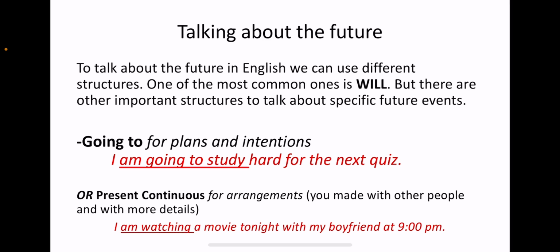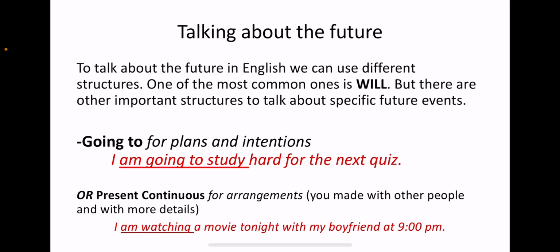Now, when you have a plan and that plan involves other people and it has more details, like including the time, the place, and many other details about the event in the future, you can decide to use the present continuous. We can be more specific about the future with the present continuous.